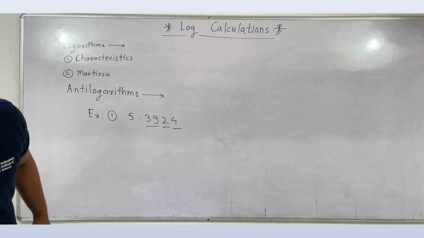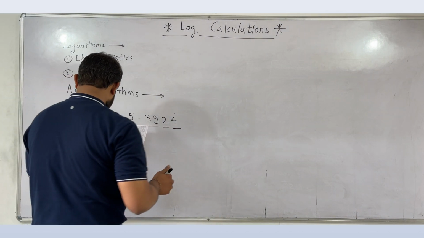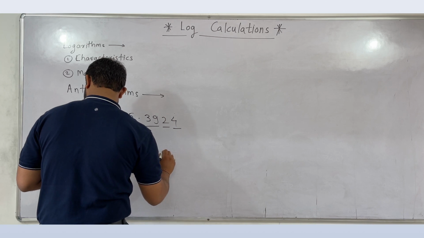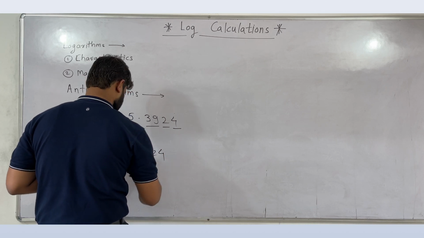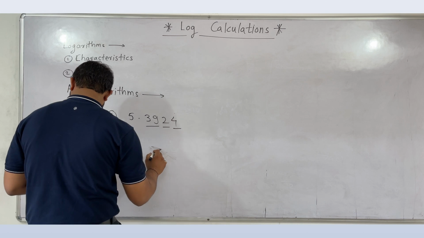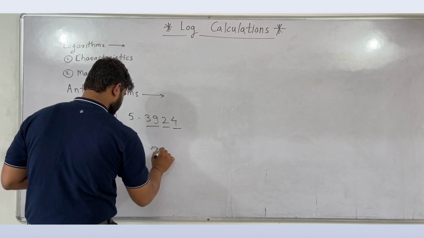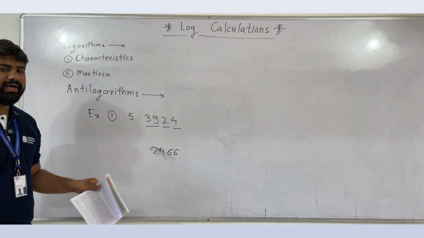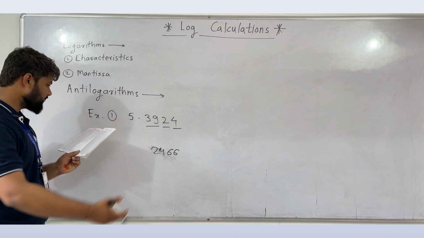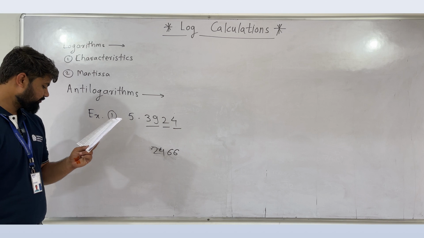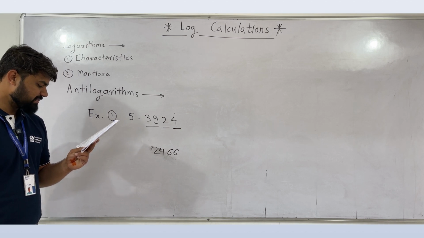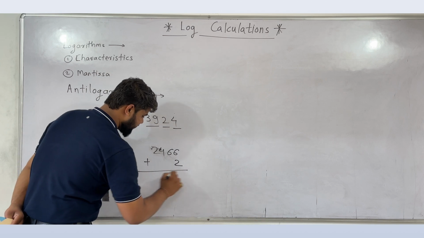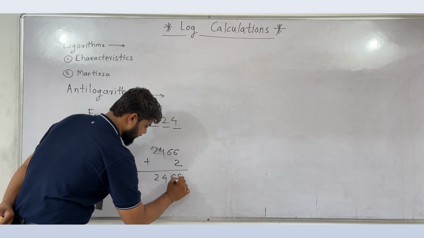You will find a number, which is 2, 4, 6, 6. Now, keep this number in mind and go further right and find the mean difference of 4 for 39. As you can see, that mean difference is 2. Add these two numbers. We will get 2, 4, 6, 8.